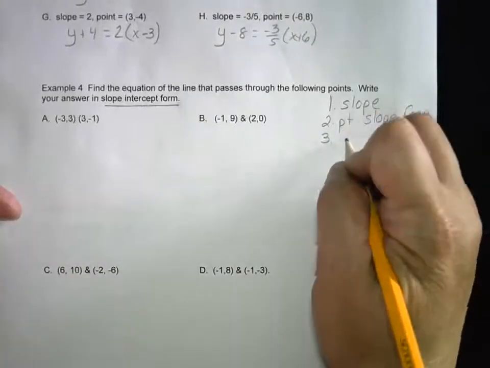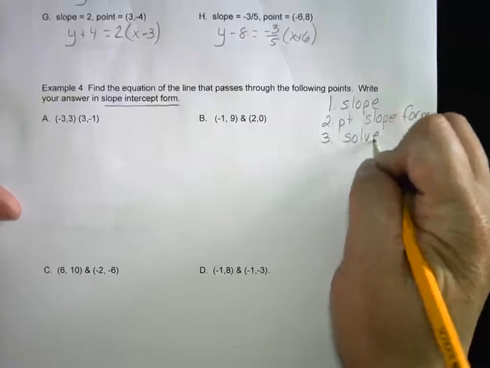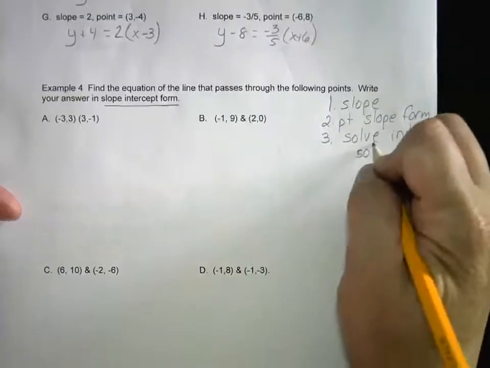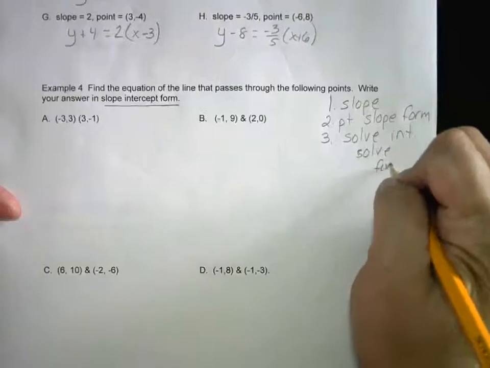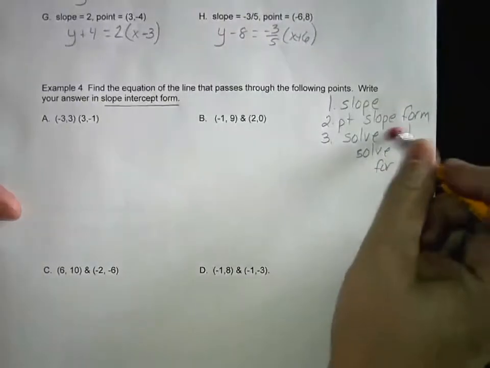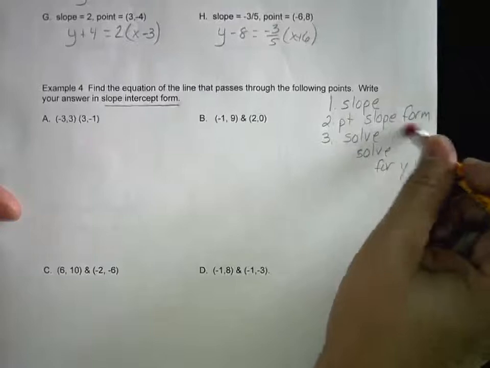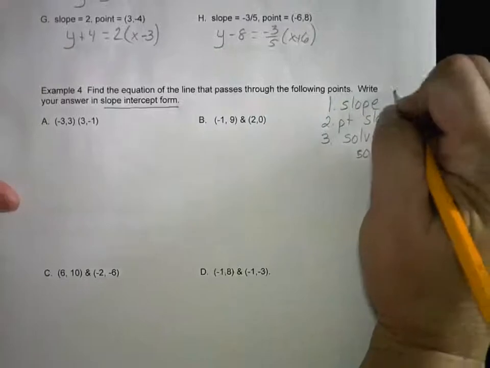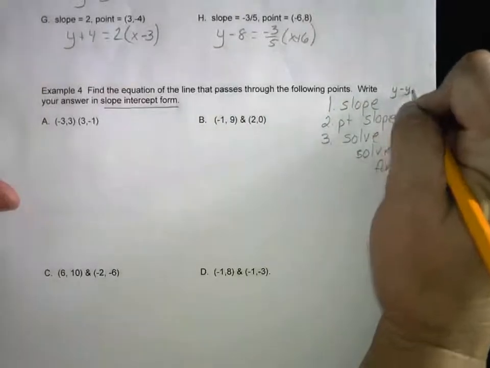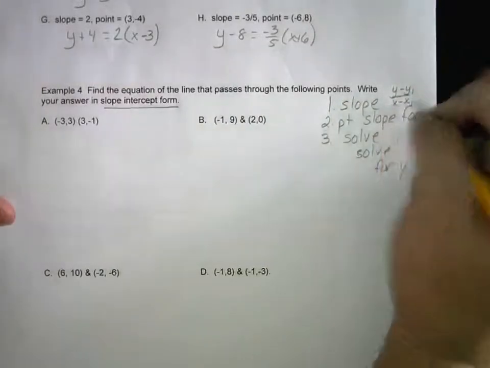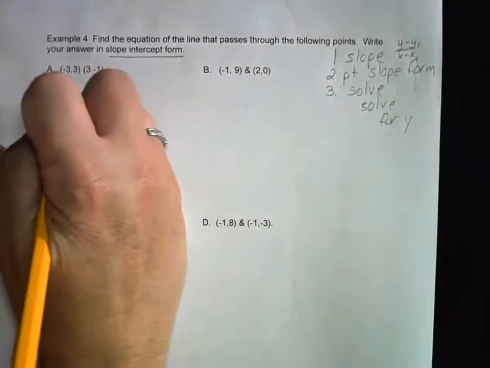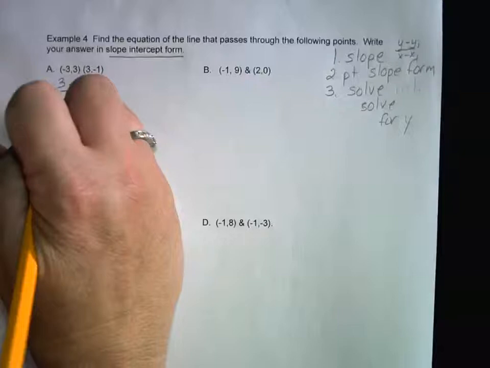So to get it in slope intercept form, we solve for y. So we start out getting the slope, put it into point slope form, and then solve for y. Our slope was y minus y1 over x minus x1. So this will be 3 minus negative 1 over negative 3 minus 3.